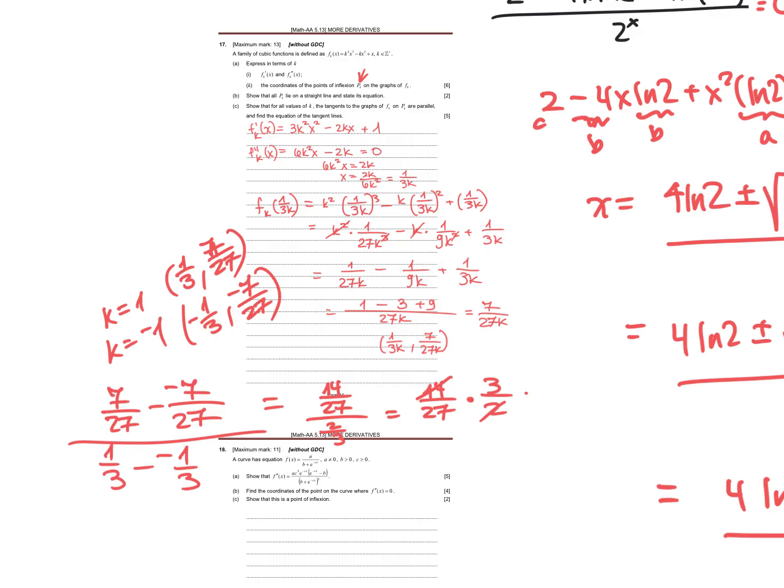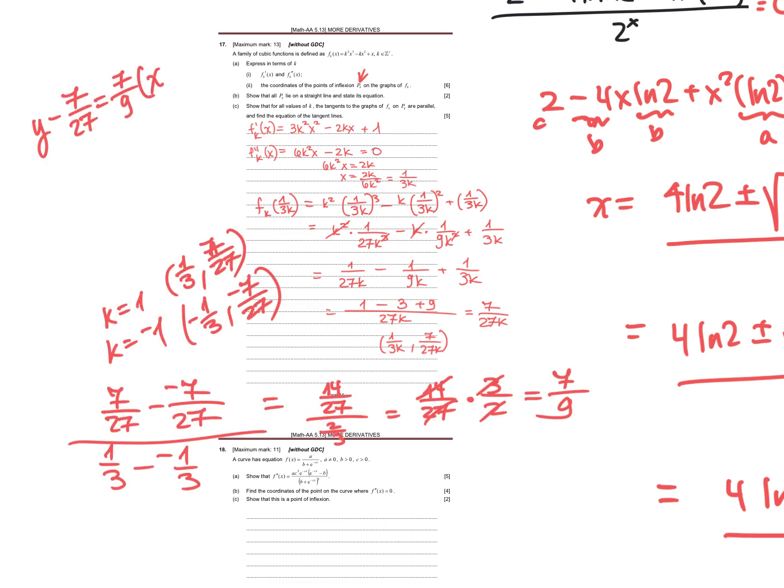Those cancel to be 7, and this cancels to be 9. So that's the gradient.